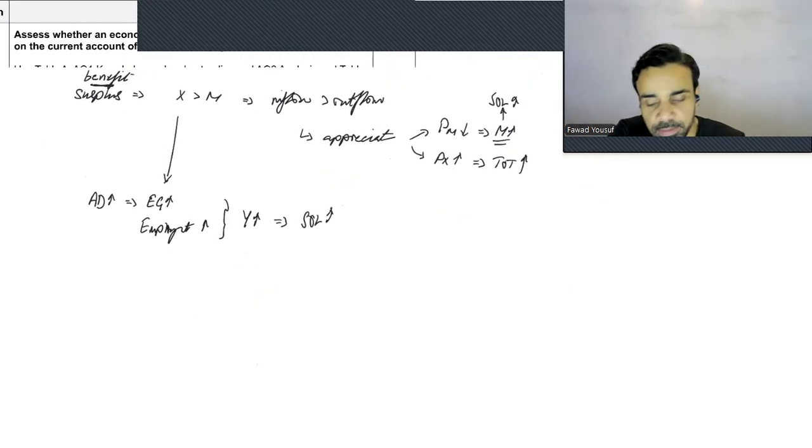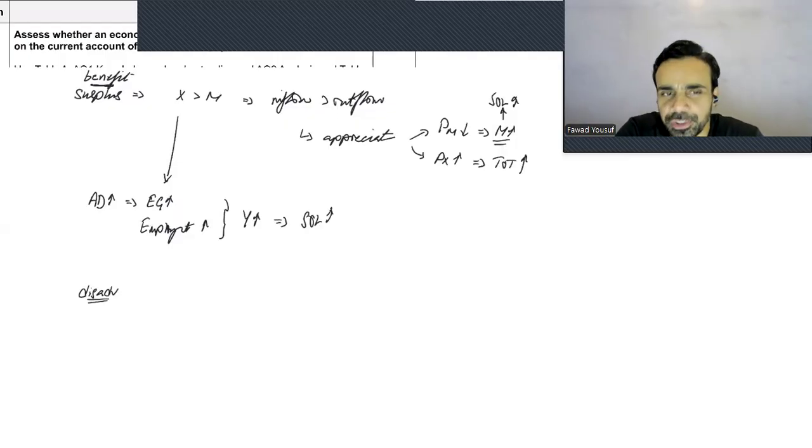Other than that, how could a surplus be bad for our economy? You're exporting too much. So from the disadvantage point of view, let's take the case of China.